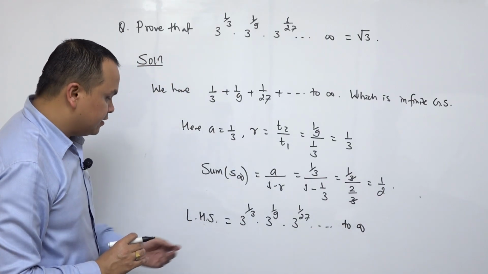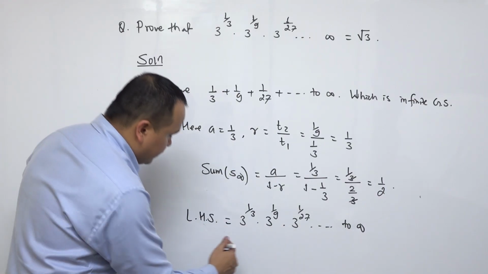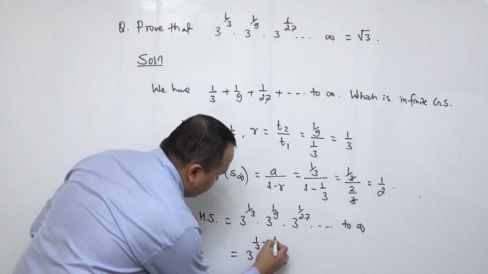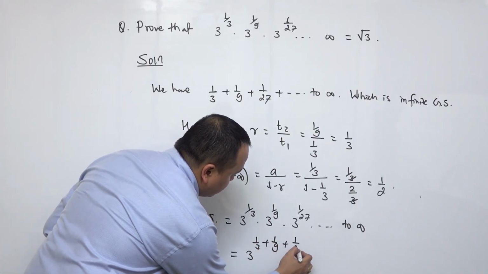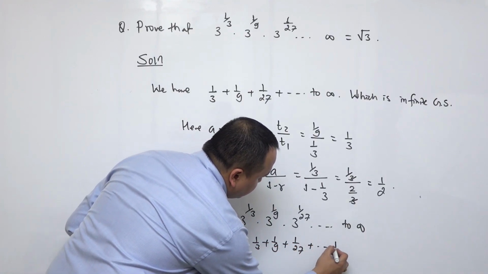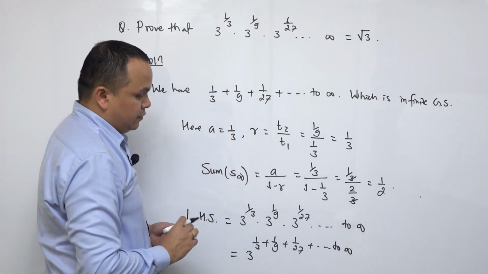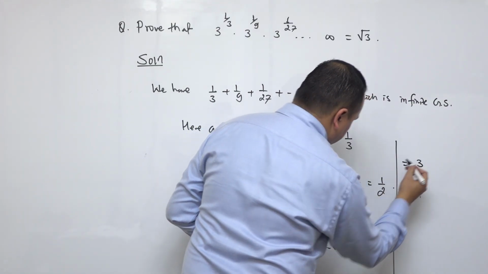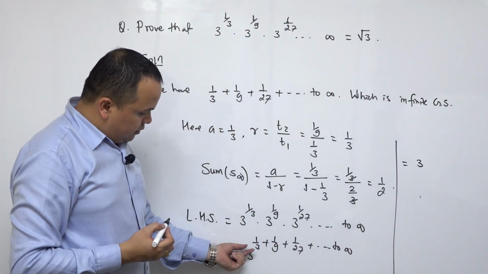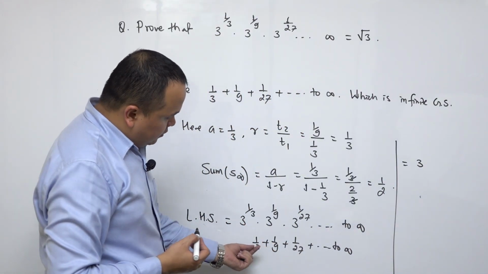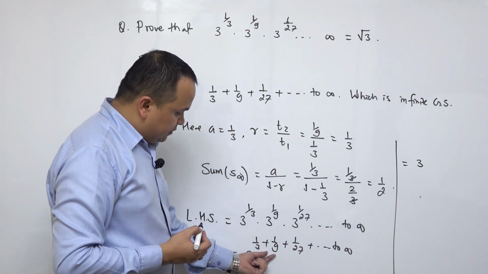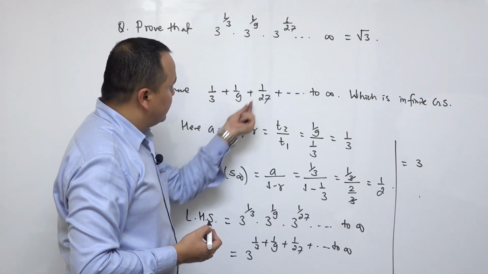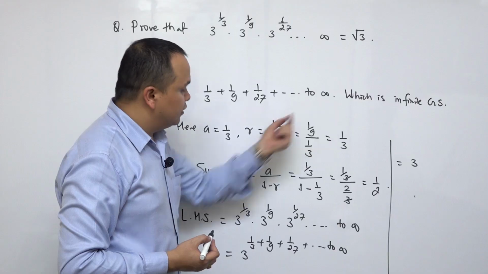By law of indices, here the bases are same, then 3 to the power 1 upon 3 plus 1 upon 9 plus 1 upon 27 to infinity. And this is 3 to the power infinite GS, which have sum 1 upon 3, 1 upon 9, 1 upon 27 plus to infinity.